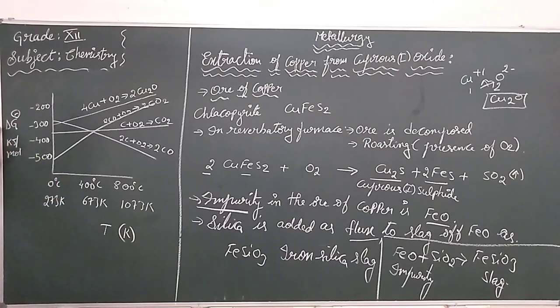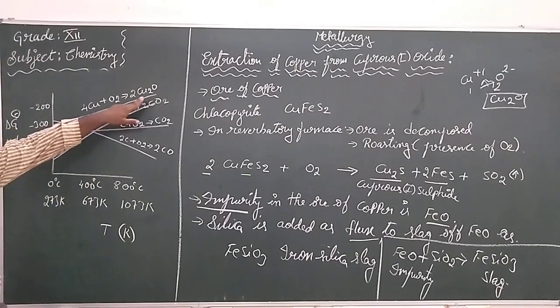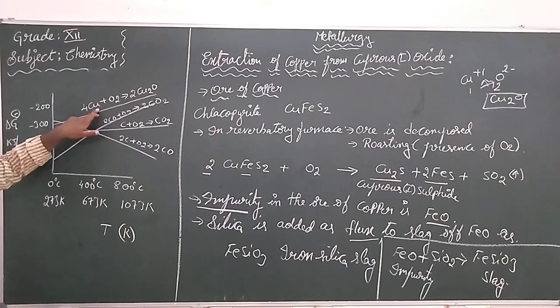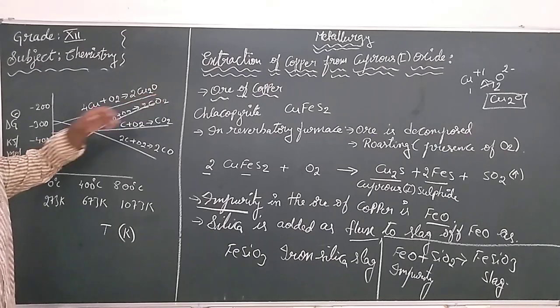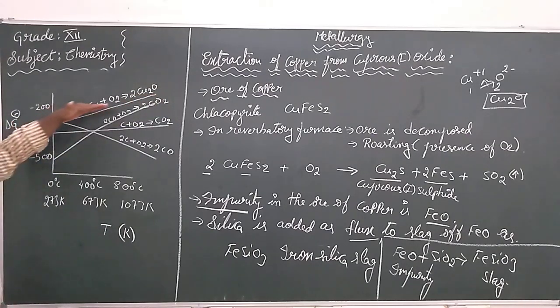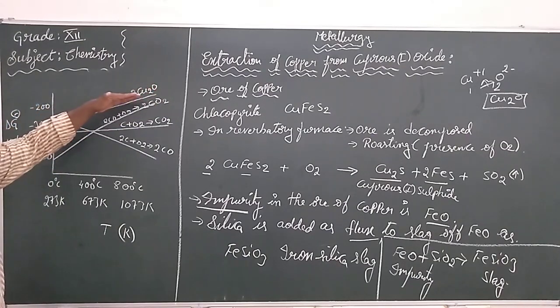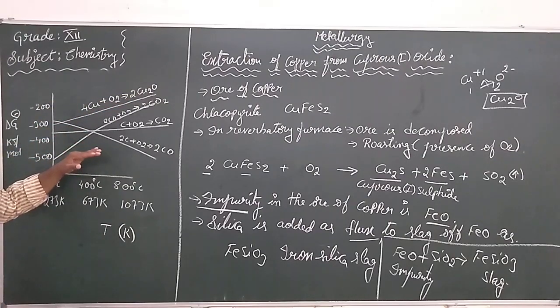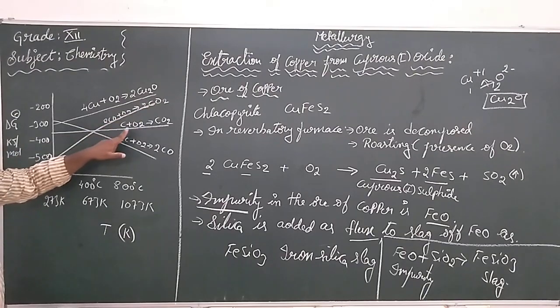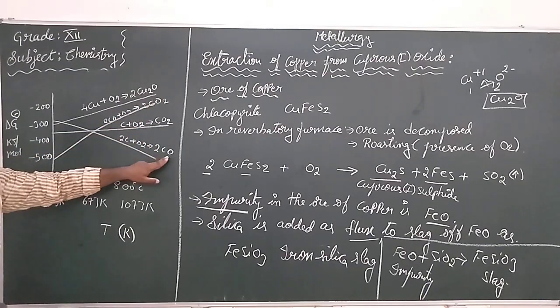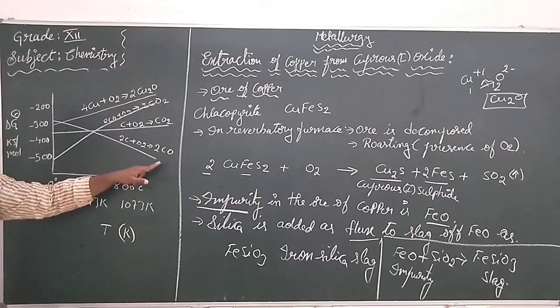the delta G negative versus temperature, the formation of cuprous oxide, when you observe, 4Cu plus O2 gives rise to 2Cu2O. It is at the top of the remaining lines. What are the remaining lines? Formation of carbon dioxide from coal, formation of carbon monoxide from coal.